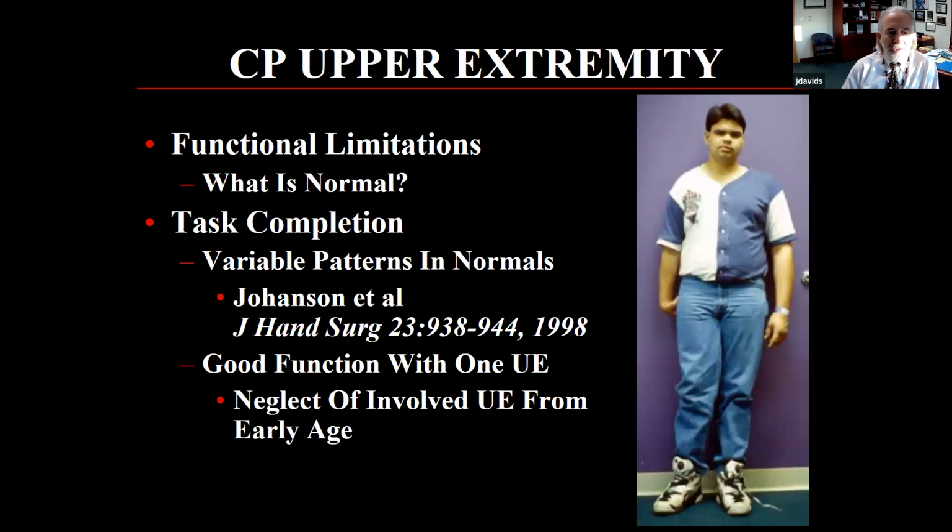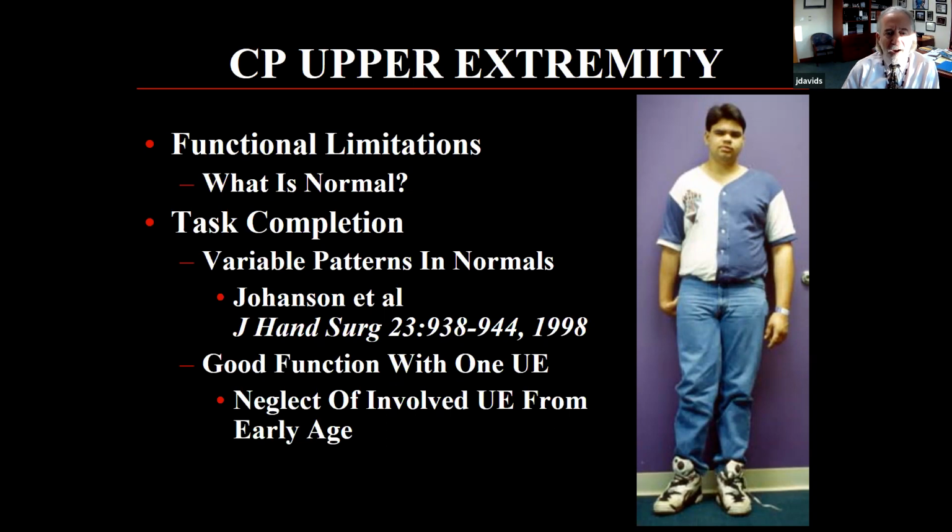One of the largest challenges in the upper extremity is determining what is normal. Previous studies looking at task completion in a group of typically developed individuals utilizing dynamic electromyography have shown that there are multiple movement patterns and EMG activation patterns utilized by typically developed individuals to achieve the same task.